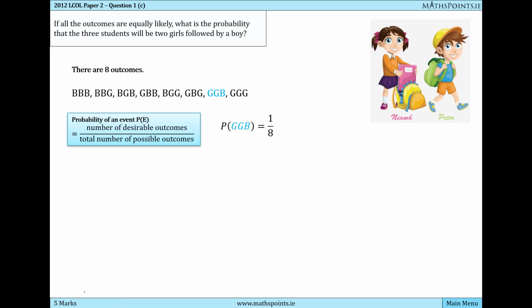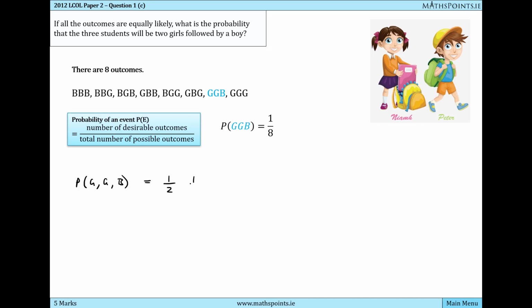There is an alternate method to do this question. So if we want to know the probability that we have a girl followed by another girl followed by a boy, well, we multiply each of these individual probabilities. So the first student through the door, what's the probability that it's a girl? Well, if the events are equally likely, the probability it's a girl is 1 out of 2. The second student through the door, what's the probability that that's a girl?